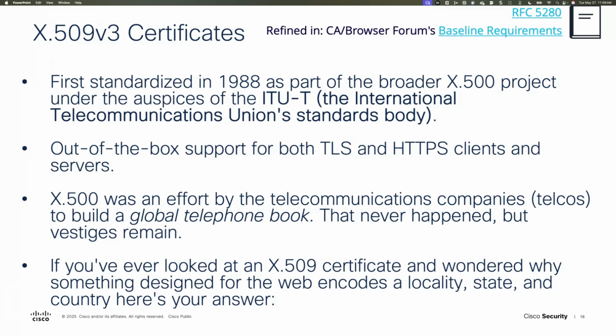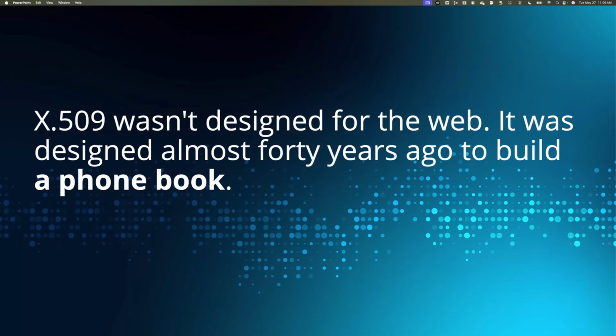So if you've ever looked at the certificate and you wondered why we have different places for state, locality, country, or all the different location-based information, well, the reason is because it wasn't designed for anything except a phone book. So those little parts of it still remain.